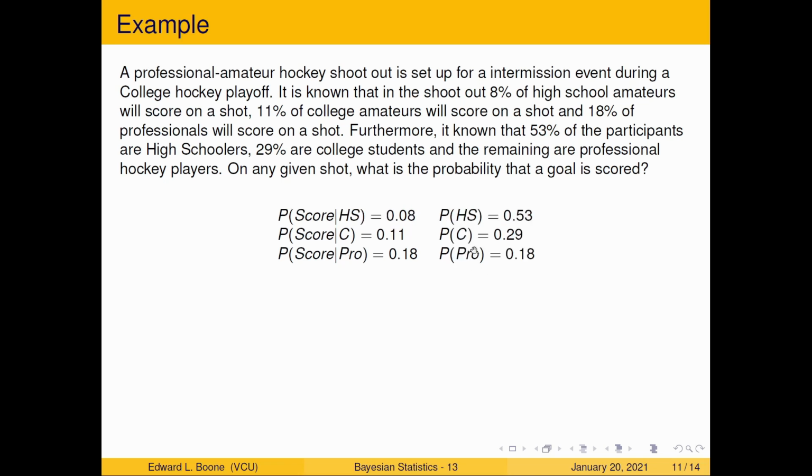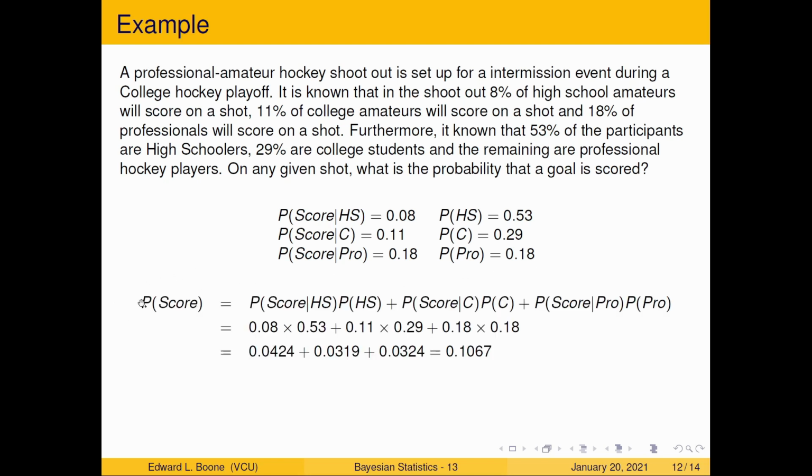We also know the probability that they're from high school is 0.53. The probability they come from college is 0.29, and the probability that they are a professional is 0.18. So I have the pieces that I need. Now all I need to do is put it together.